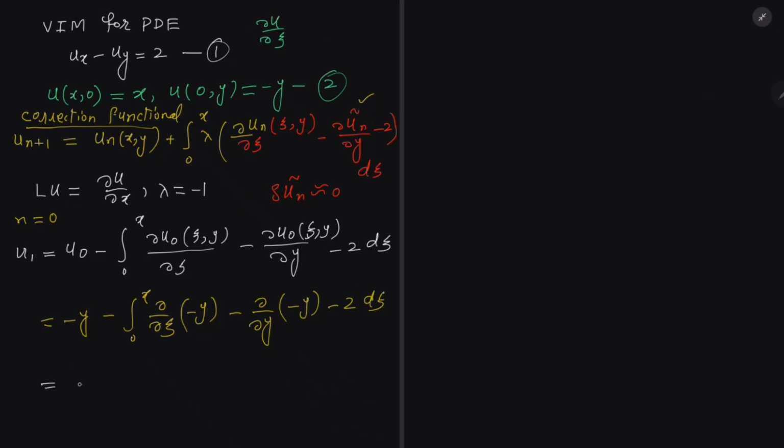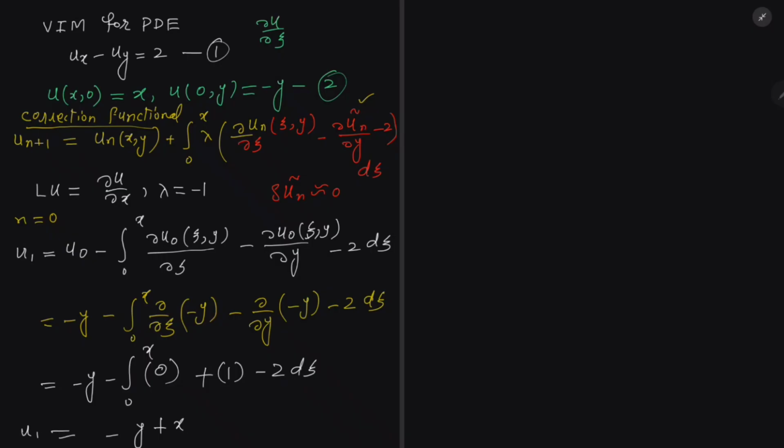So from here we get minus y minus the integral from 0 to x. Since there is no xi, this will be equal to 0, plus then we have 1 minus 2 d xi. And when we solve this problem we get minus y plus x. This is u1.